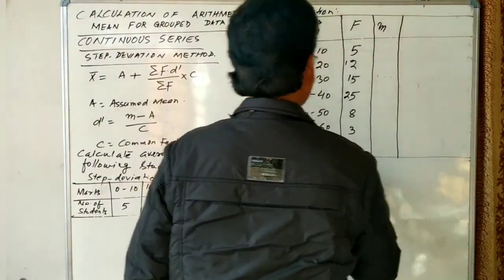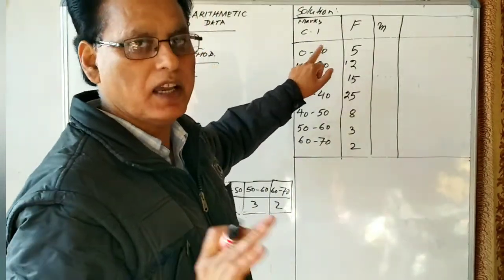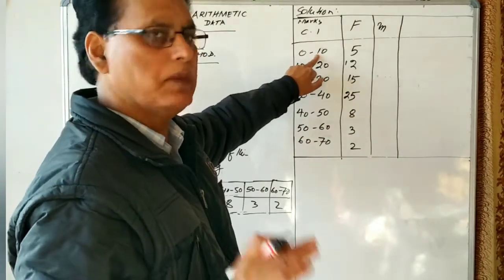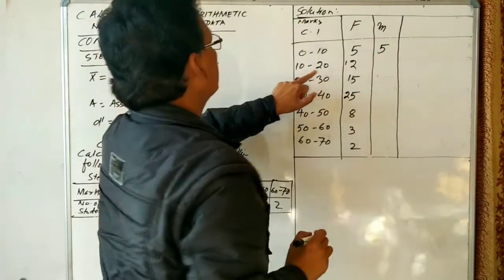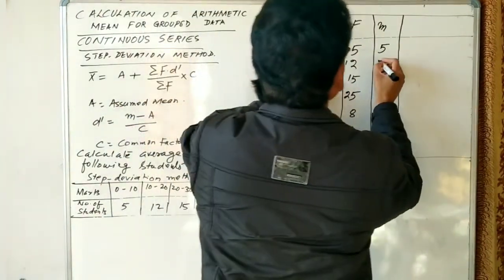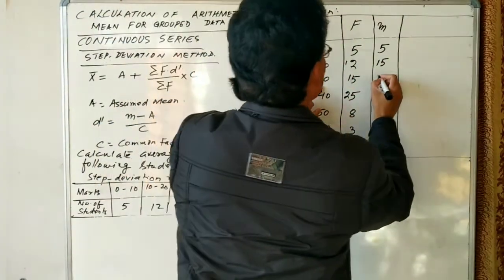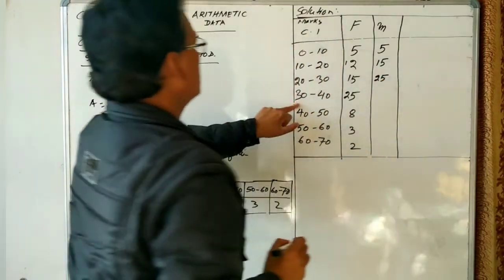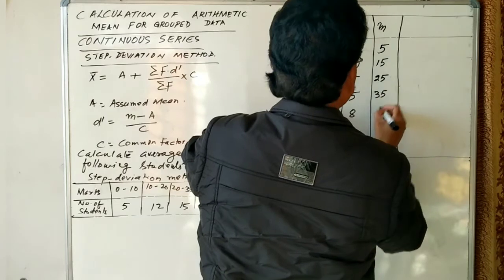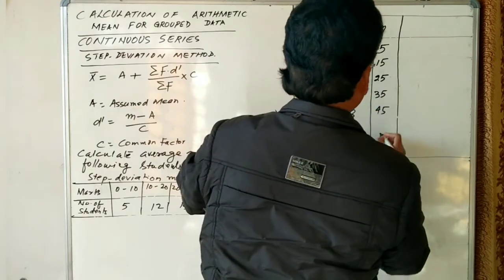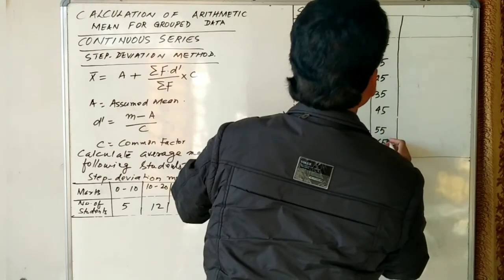Let us see how to get the mean value: lower limit plus upper limit, L1 plus L2 divided by 2. 0 plus 10 divided by 2 will be 5. Then 10 plus 20, 30 divided by 2, it will be 15. Similarly, 20 plus 30, 50 divided by 2 will be 25. 30 plus 40, 70 divided by 2 will be 35. So we can calculate like this, and this is 55 and this is 65.